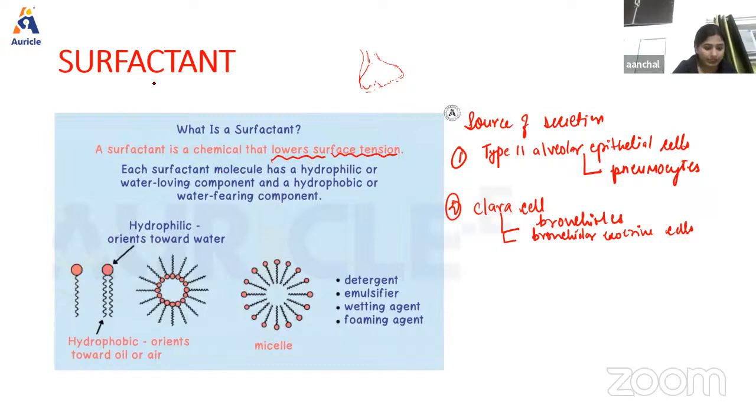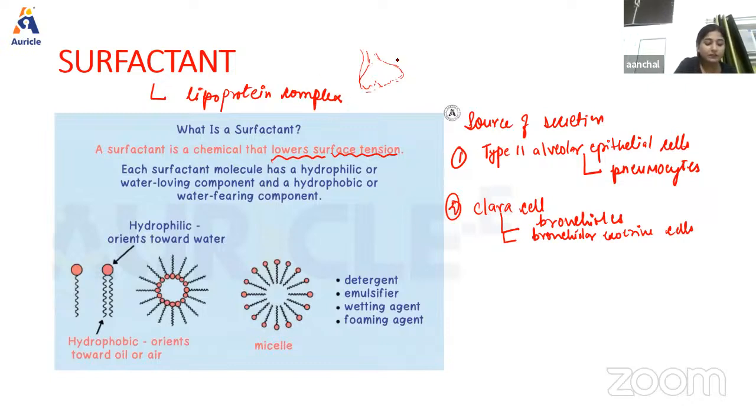Surfactant is a lipoprotein complex which is formed especially by phospholipids, protein, and some ions. Phospholipids form majorly around 75% of the surfactant, and the very important phospholipid is DPPC.